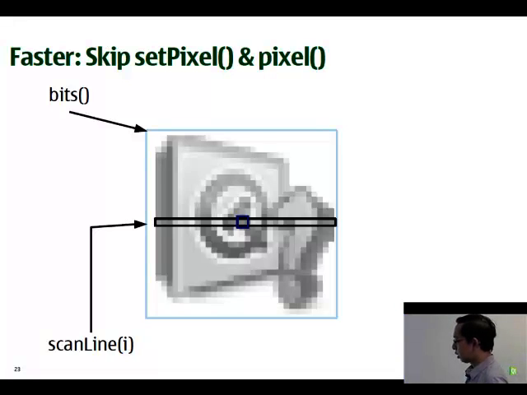This can be useful, because if you have a pixel in the middle here that you want to modify, or if you want to read the color of that pixel, then you can use scanLine to go there and then just increase the pointer until you reach the pixel that you want. This way it's faster, you don't need to call setPixel and pixel.